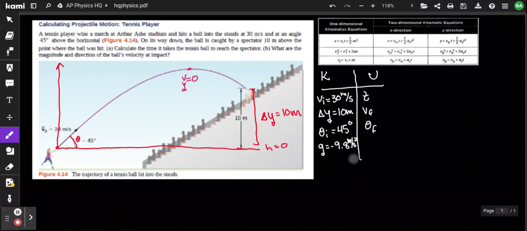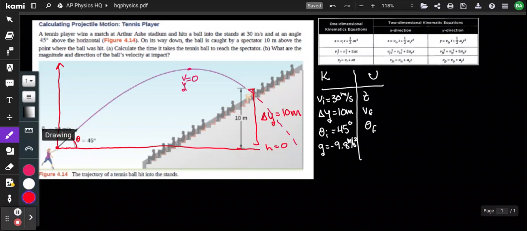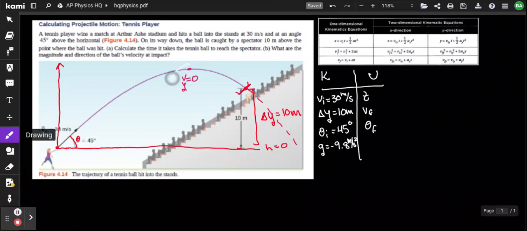If it completed its projectile, it would land all the way here. But the reason it doesn't complete it is because of the force the woman exerts right here, which stops the ball. That is why we can't use the information here in which our v at the peak of the projectile is 0.